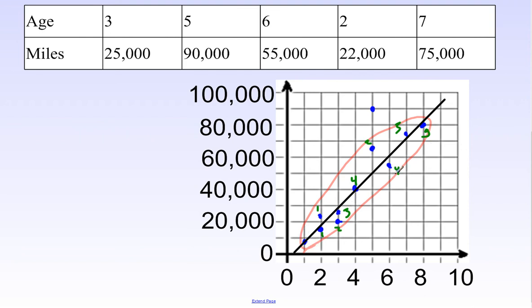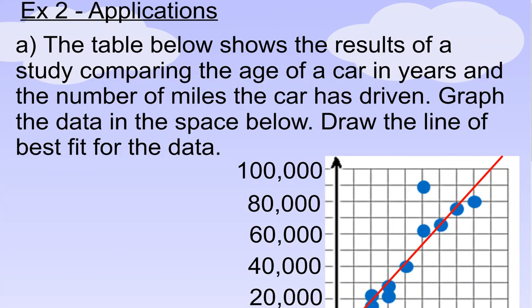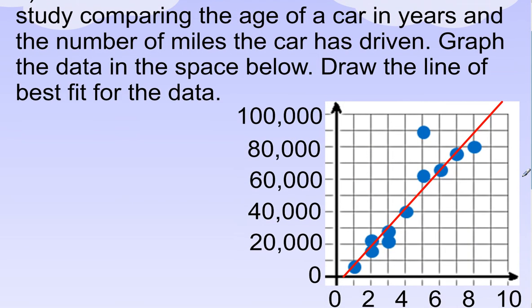So, I mean, roughly speaking, it's the same number. You don't need to go through and count. No one's going to count your work to make sure you have exactly the same number above and below. But that's a way to help you see if your line of best fit is correct, or if it's roughly speaking about the same. Okay? So this is about what we had before.